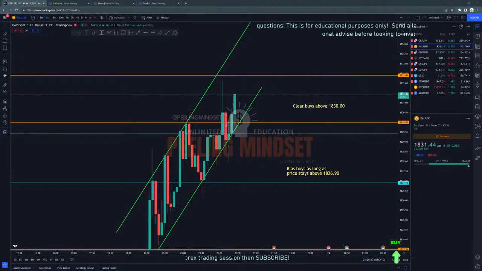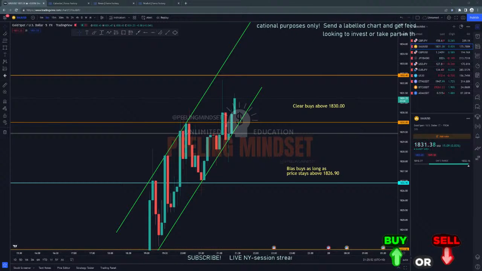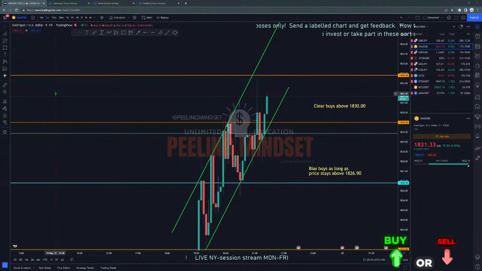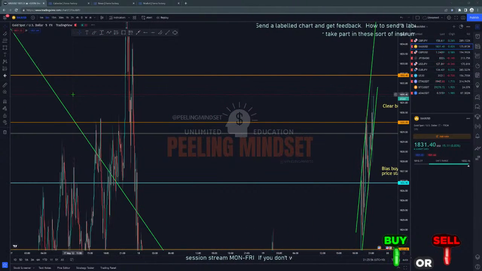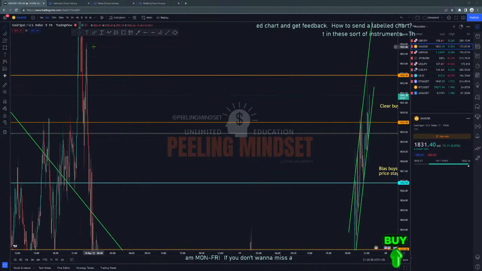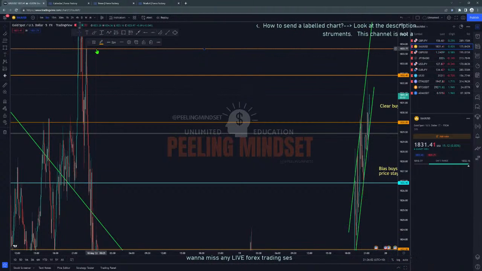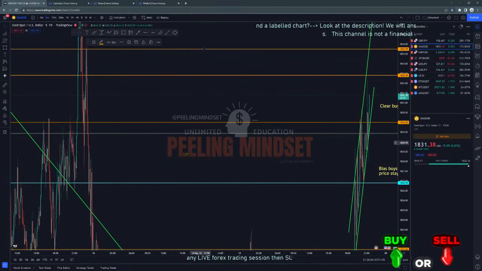There's still potential we can retrace. That's not looking good if we retrace. If we start pushing up, once we start breaking 1830 to 40, I think we have a potential to push up till 1833.75. Let's see what's going to happen.